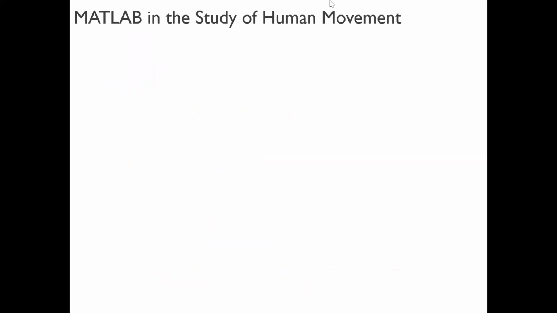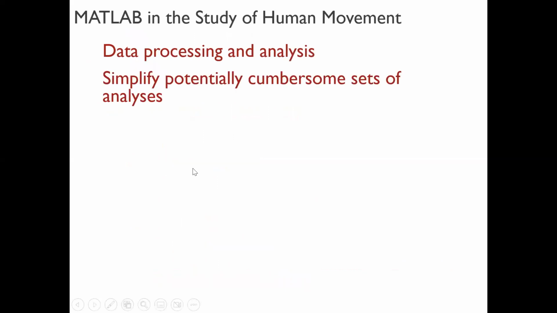Okay, so how do we use MATLAB in the study of human movement? We're primarily going to use MATLAB as a way to process and analyze our data. When we think about programming, one of the key advantages of writing a program is that it allows us to simplify analyses that might otherwise be cumbersome.